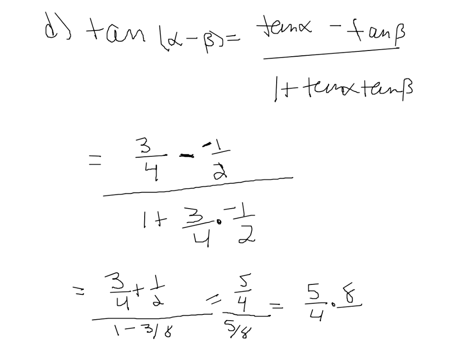So to divide fractions, I multiply by the reciprocal of the bottom fraction. So 5/4 times 8/5. The 5's cancel off, 4 goes into 8 2 times, and so my final answer is 2. And that is number 5.